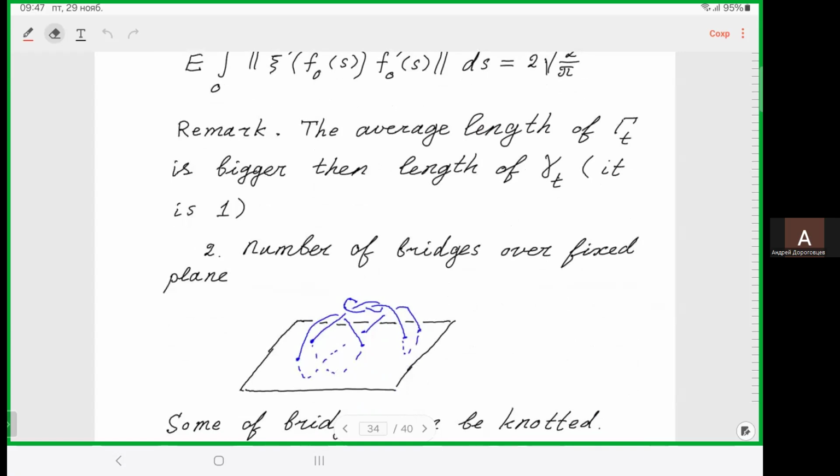At least at this moment, I cannot control that all these bridges are really bridges without knotting. Yeah, without knotting. But nevertheless, let's try to calculate such a characteristic. Consider a plane, and this plane cuts our random knot, and you see bridges over this plane. I think that it is not necessary to say what a bridge is. It is very clear from the picture.